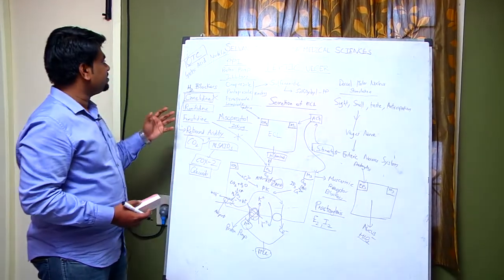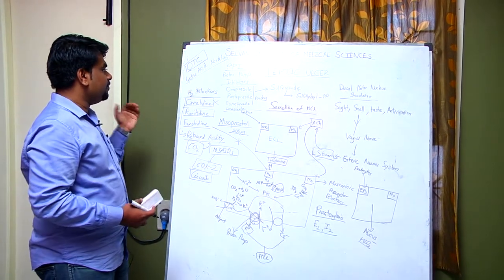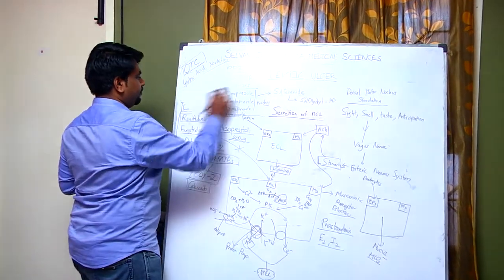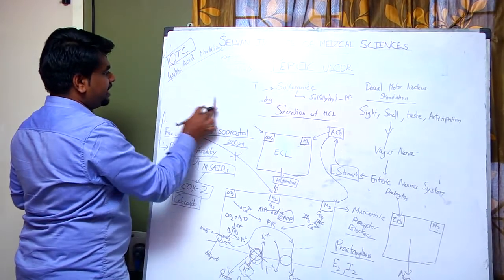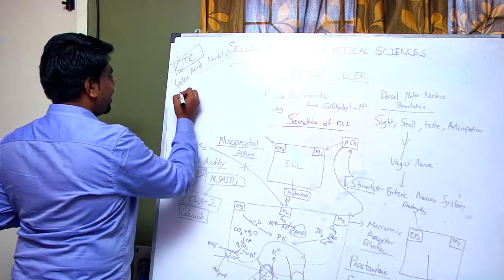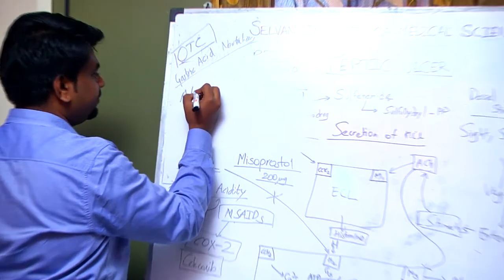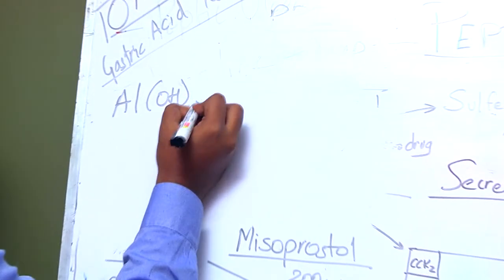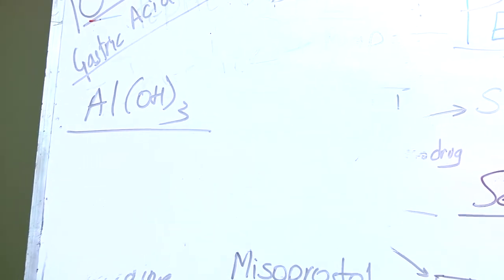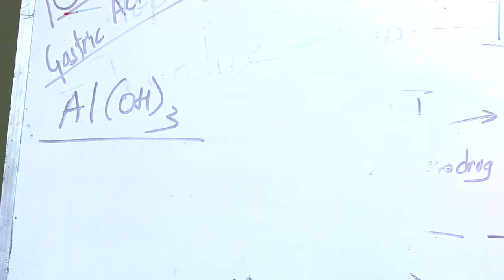So what are the gastric acid neutralizers which we know of? First we came up with something called aluminium hydroxide. When aluminium hydroxide came into the market, yes, it was quite successful.